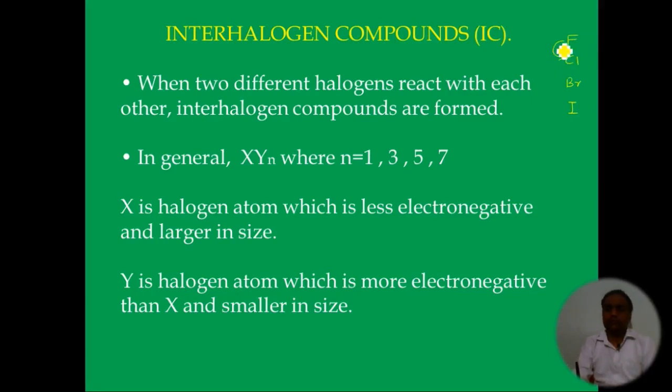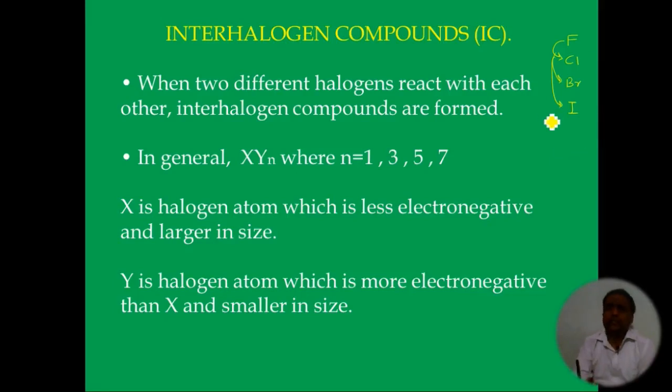So fluorine will react with chlorine or bromine or iodine, or chlorine will react with fluorine, or bromine with fluorine, iodine with bromine, chlorine and fluorine. These different permutations and combinations can lead to different interhalogen compounds.